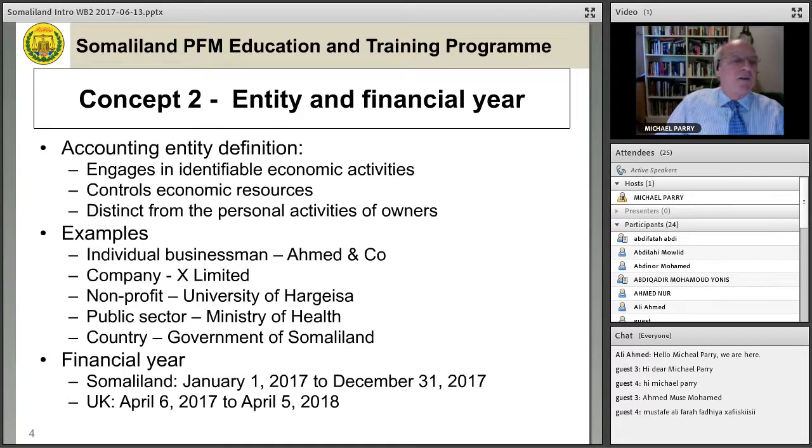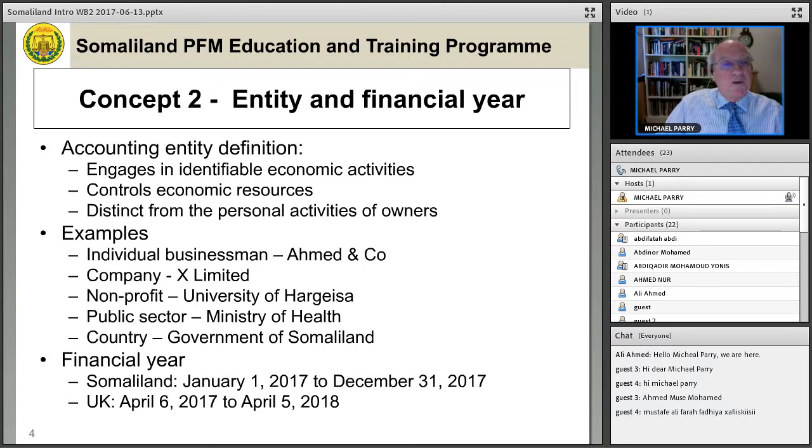Now, that could be an individual businessman, for example, Ahmed & Co. carrying on a business. It could be a company, Company X Limited. It could be a non-profit entity, such as the University of Hargeisa. It could be a ministry, the Ministry of Health within the public sector, or it could be a government, the government of Somaliland. All of those are economic entities.